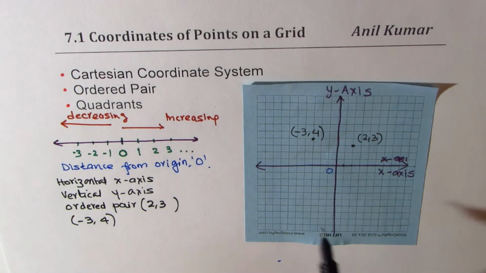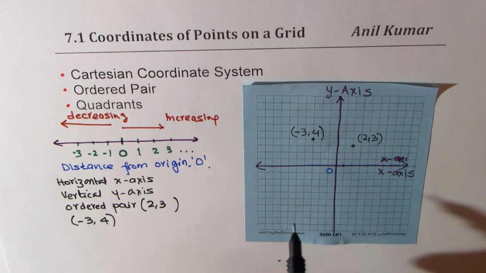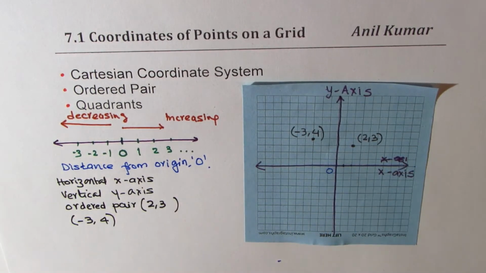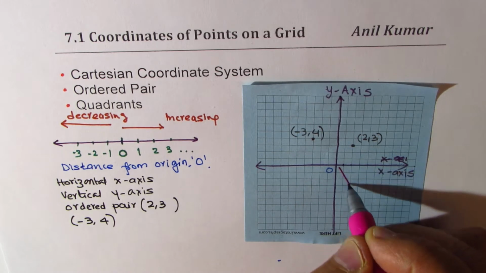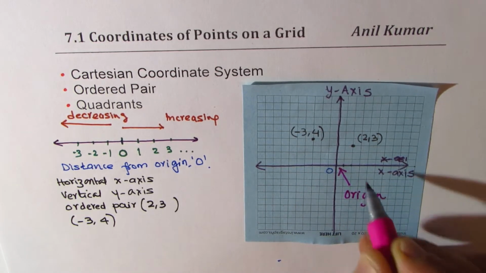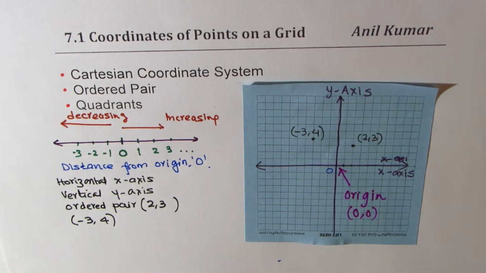Now if I am looking for a coordinate point in this particular quadrant, let me tell you what these are. These are 4 different quadrants. The two axes intersect, and the point of intersection is called the origin. The coordinates of the origin are 0, 0. And these axes divide the whole plane into 4 quadrants.